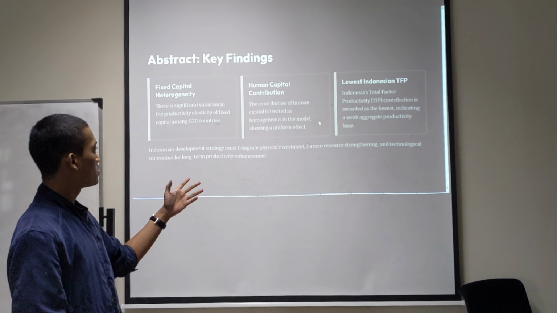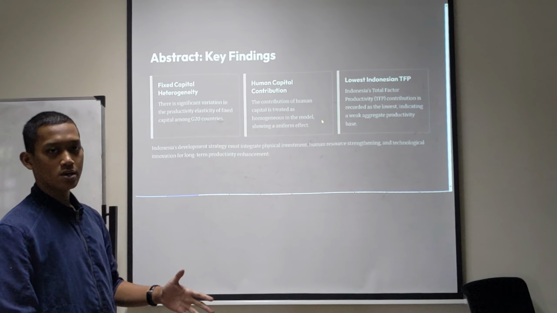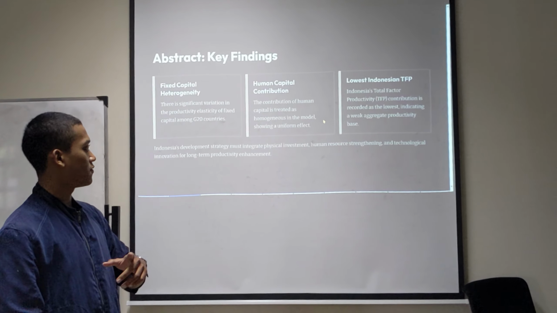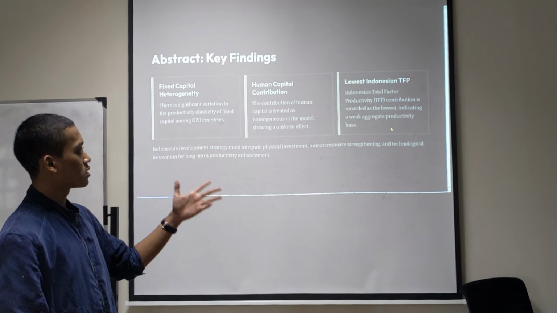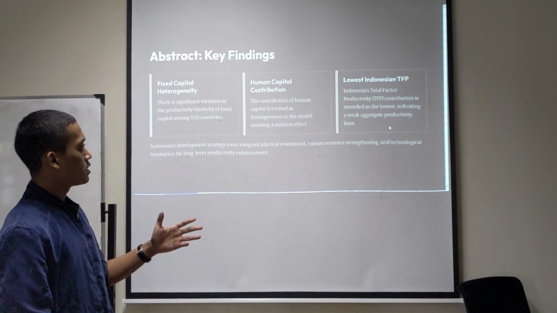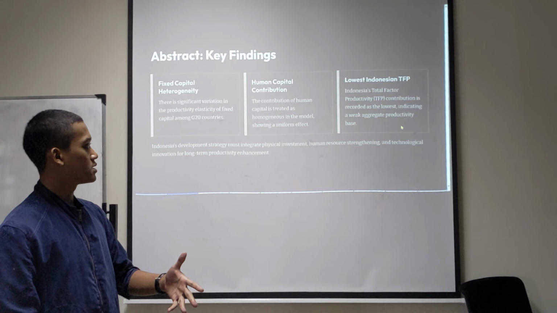And the second one is the human capital contribution. The contribution of the human capital is treated as homogeneous in the model, showing a uniform effect. And the last one is the lowest Indonesian total factor productivity, represented in the intercept estimation.